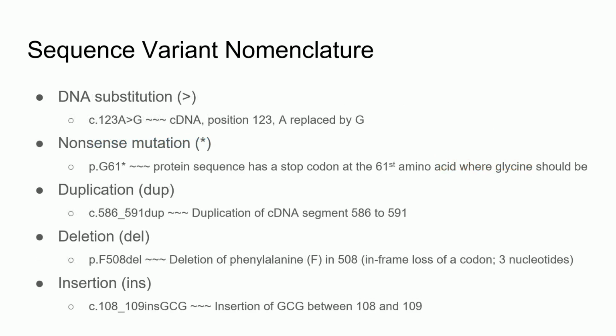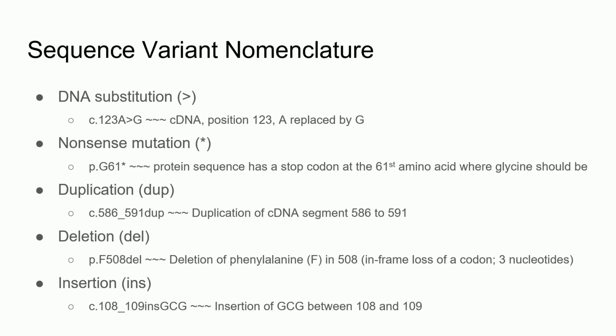Let us look at some of the symbols used to designate alterations. If there is a substitution, we use the greater than symbol, designating the original nucleotide or amino acid and their replacement. Nonsense mutations resulting in a premature stop are designated with the asterisk.